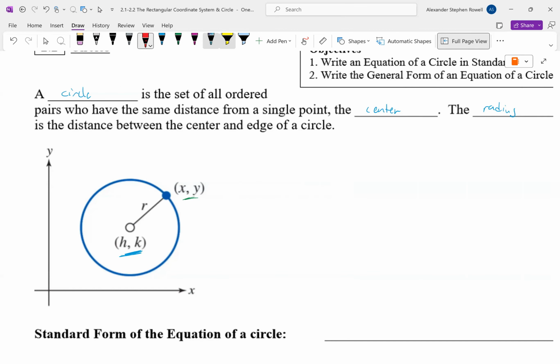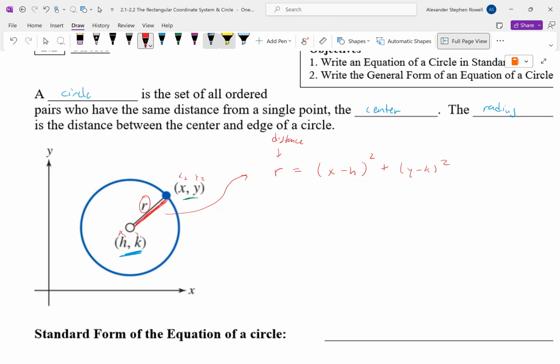How do I find the radius of a circle? It would be this distance. How do you find the distance between 2 points? The distance formula, which is what? r, or the distance, is equal to the square root of (x2 minus x1) squared plus (y2 minus y1) squared, so (x minus h) squared plus (y minus k) squared.